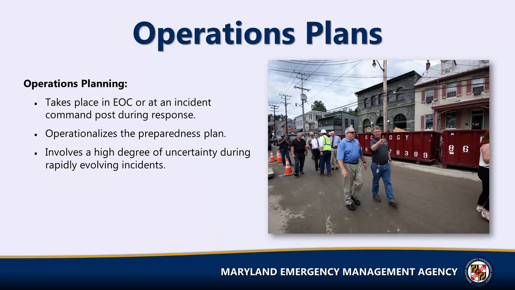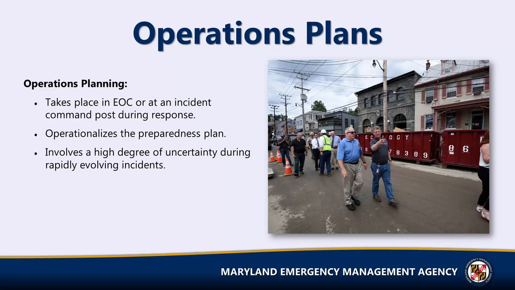While preparedness planning occurs before an incident occurs, operations planning takes place within an Emergency Operations Center, also referred to as an EOC, or at an incident command post during an operation. The most recognizable operation planning process is the Planning P, which ultimately leads to implementation of the Incident Action Plan.